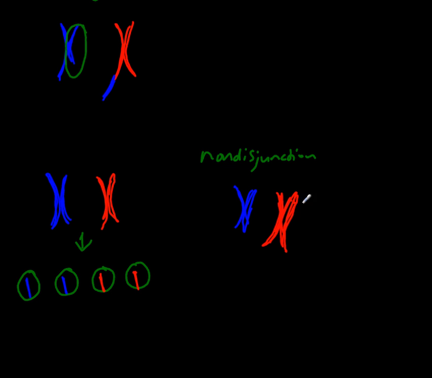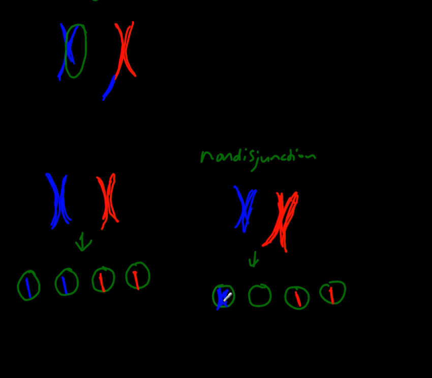We'll still make 4 cells, but the cells will have the wrong number of chromosomes. If these 2 blue ones don't separate, then this gamete that's produced will have 2 chromosomes instead of 1. This one won't have any of the blue chromosome, or any chromosome at all, and let's say this red one separates fine, so it's normal.